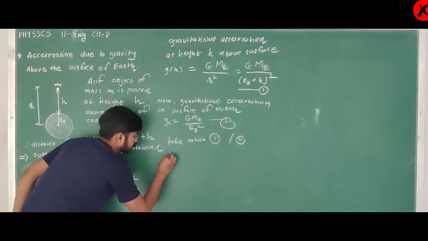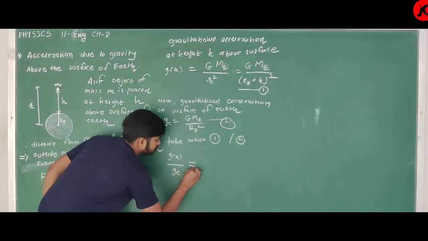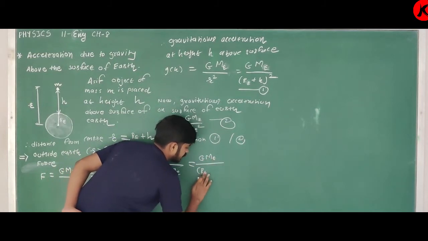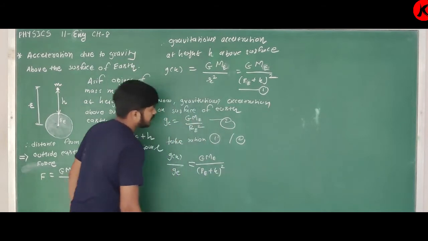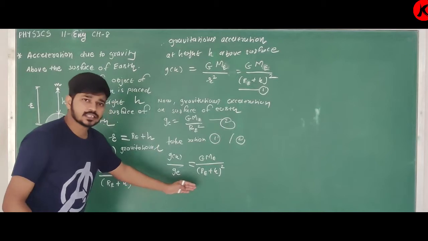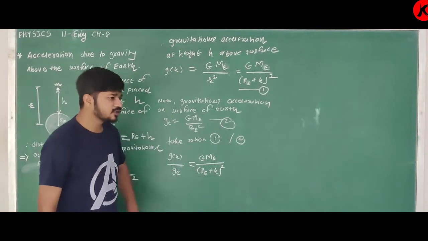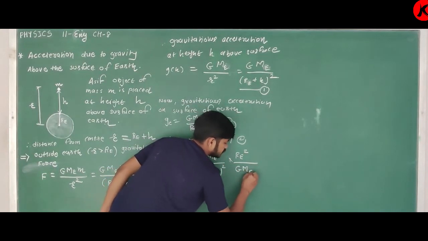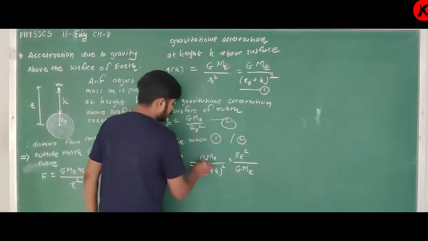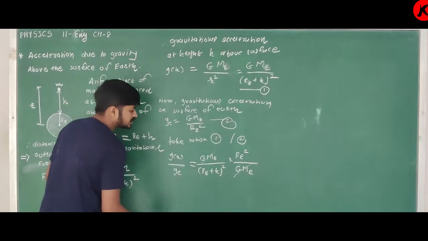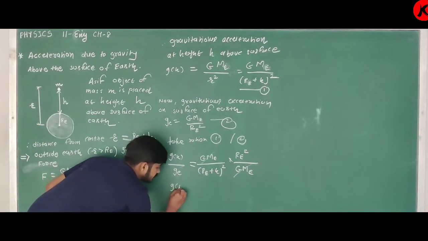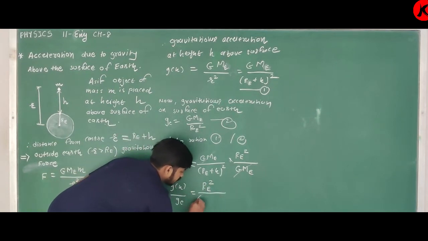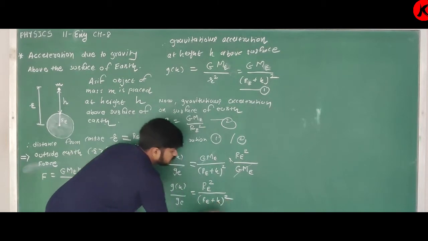So gh upon ge is equal to G Me upon (RE plus h) whole square, and ge I can write in the denominator, or like this: RE square upon G Me. So what is gh upon ge? gh upon ge is equal to RE square upon (RE plus h) whole square.